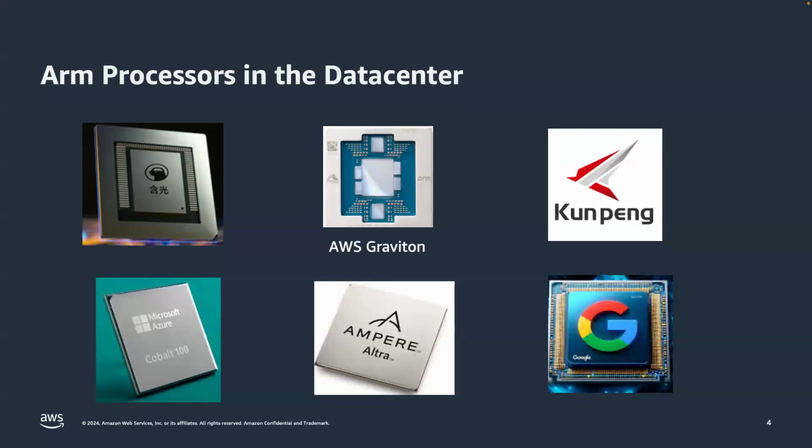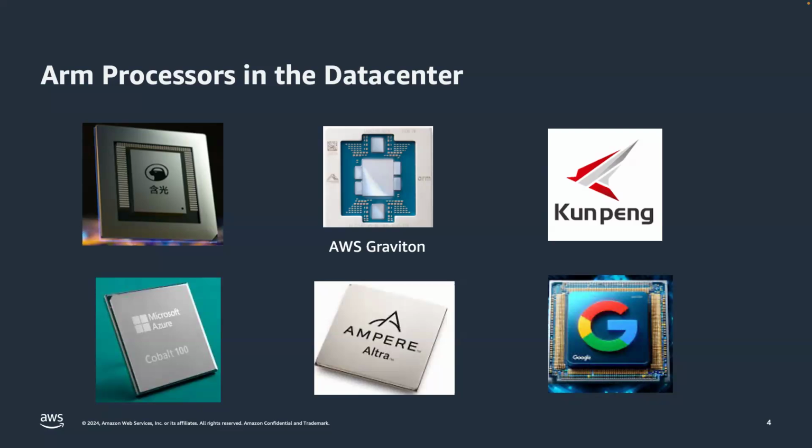You can see Ali Cloud, Huawei with their Kunpeng chip, and then Azure and Google, who have been using ARM processors from Ampere Ultra. Ampere Ultra specializes in manufacturing ARM processors for on-prem data centers. So if you have a data center today, you can actually buy ARM servers from Ampere Ultra.